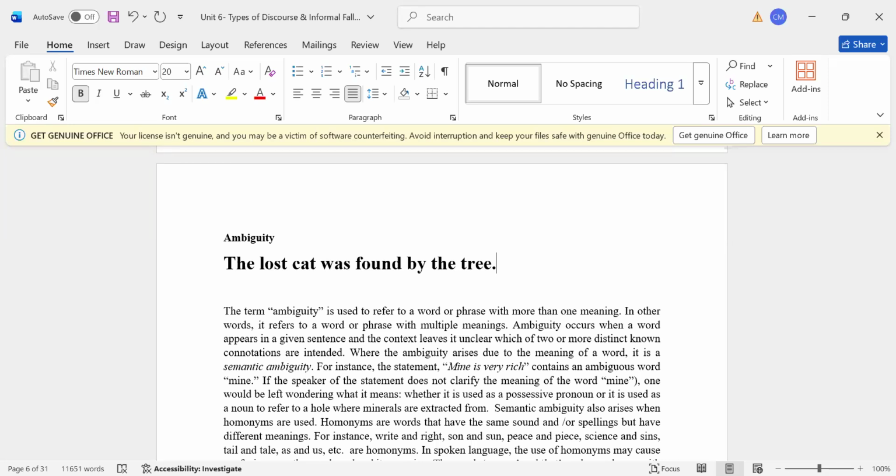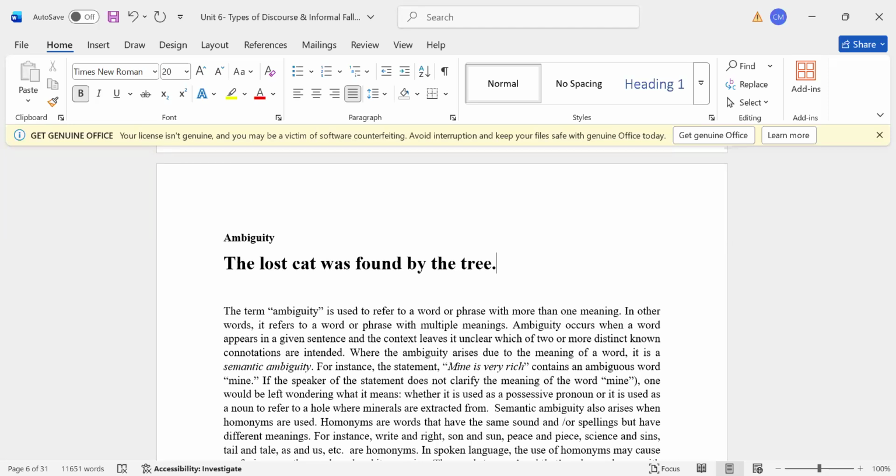You say it was found by the tree. I mean, beside the tree. But I can also say that the lost cat was found by a particular entity called tree. Do you get it? Yes, sir.